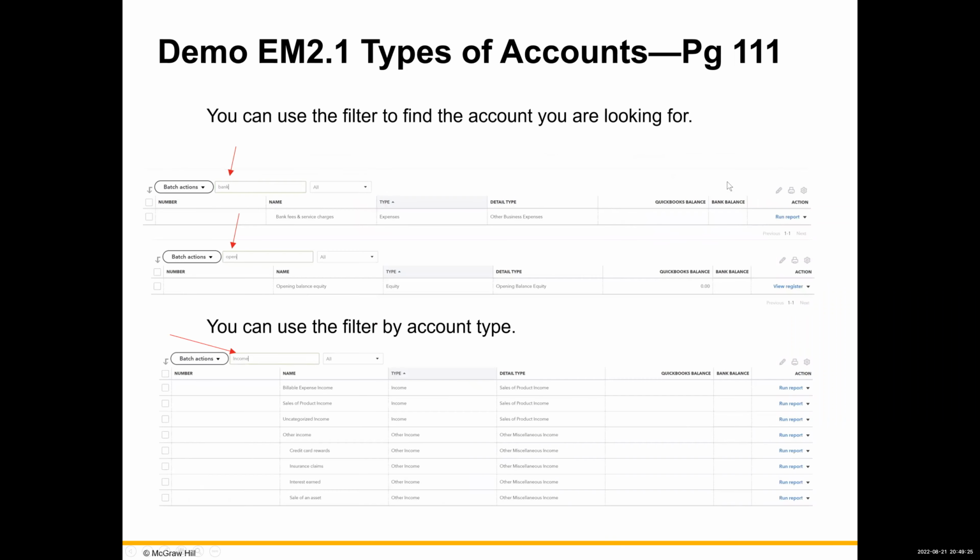Okay. Now, I want to give you a helpful hint on how to do some of your homework. If you look at page 111, the bottom half of page 111, you're going to have to go through these accounts.